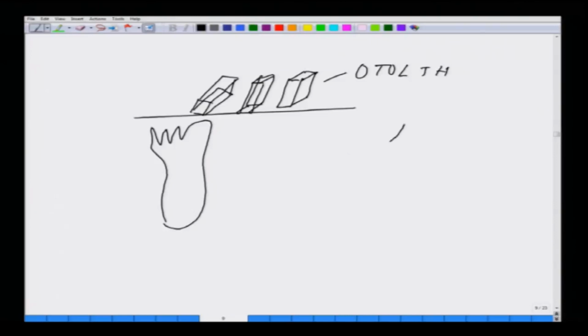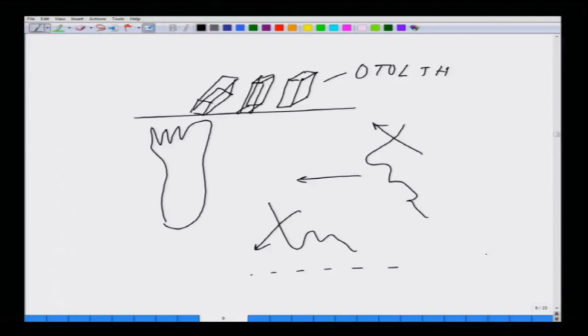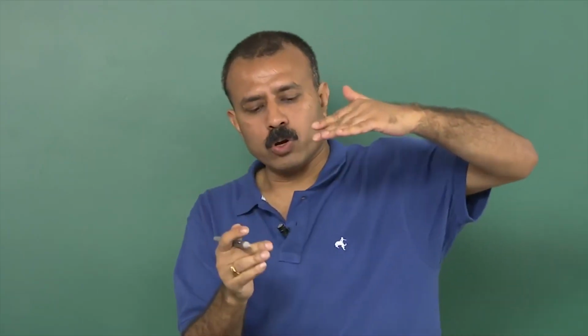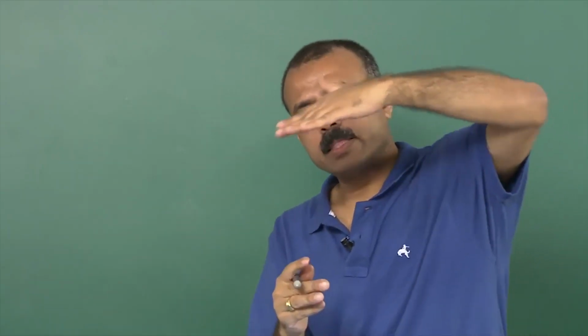Depending on whether a person is looking up, looking down, or is in equilibrium, with respect to the azimuth or the plane, these otoliths, the small gelatinous matrix on top of these hair cells, either become like this or like this.